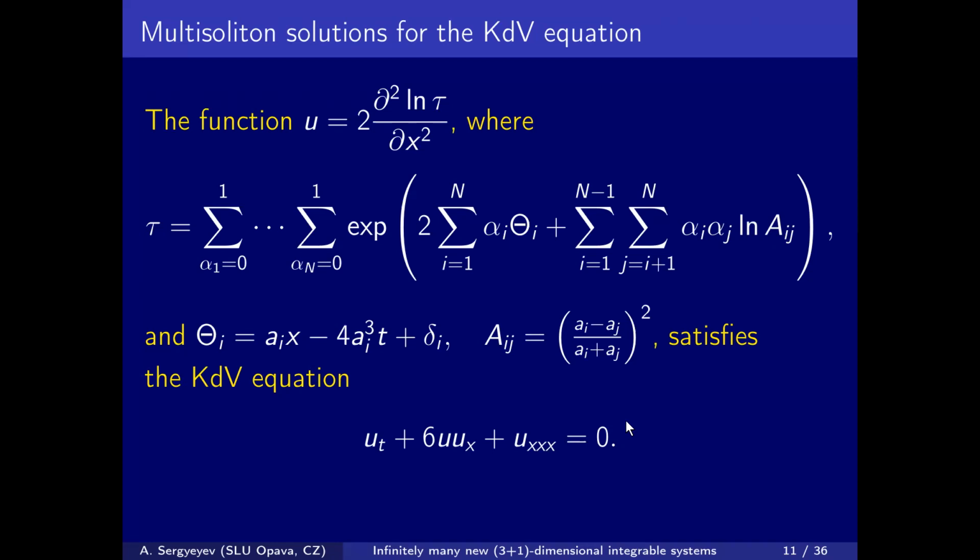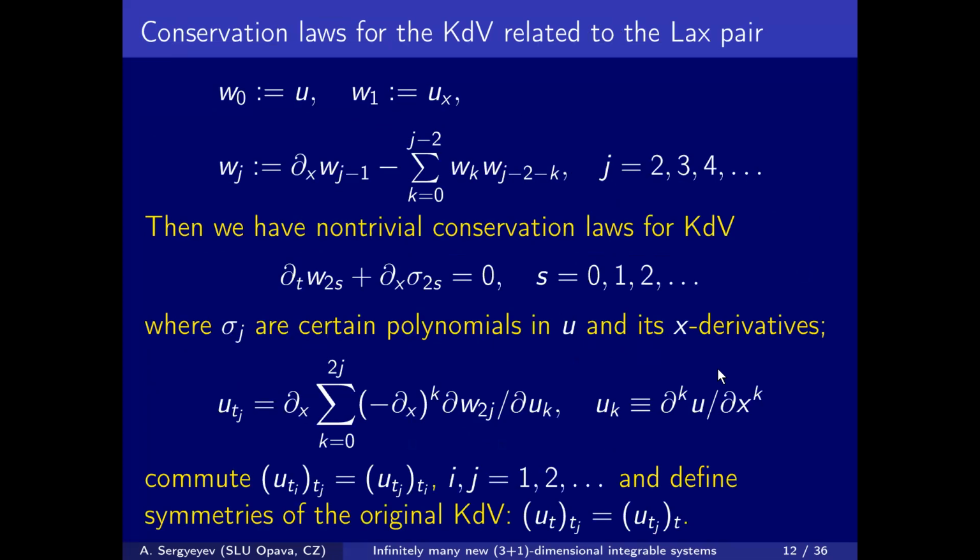One of these highly important contributions is the introduction of the so-called tau function by Ryogo Hirota. In particular, in the case of KdV, the n-soliton solution for the KdV can be written in the fashion shown here, and this tau is the famous Hirota tau function for the case of KdV.